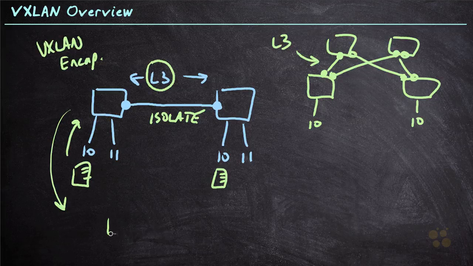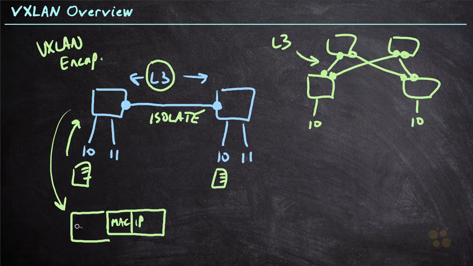And so we take the original packet that has the original MAC addresses and IP addresses and everything, and we encapsulate it in a VXLAN header. And that VXLAN header has a destination IP address that is different than the original IP address. This switch on the left is going to take it from what we call a VXLAN tunneling endpoint interface, or VTEP, which is also layer 3, by the way.